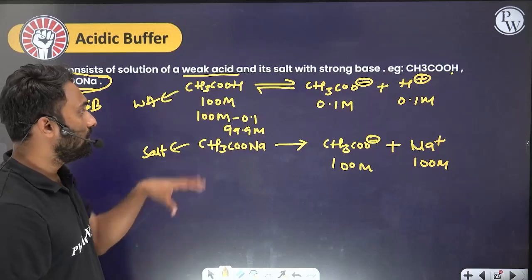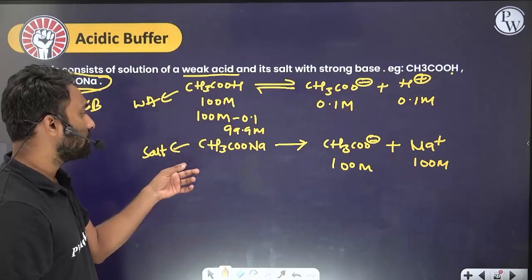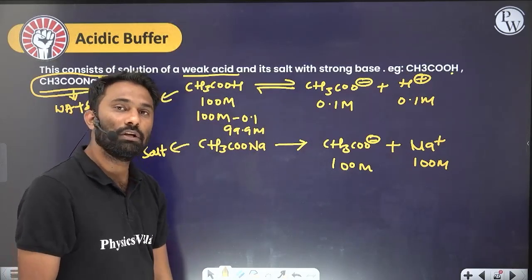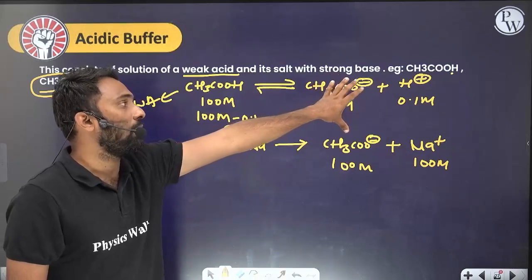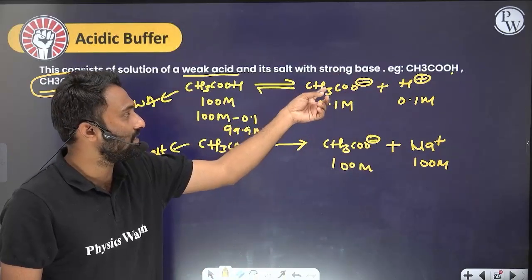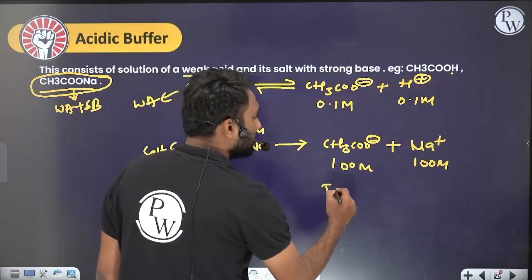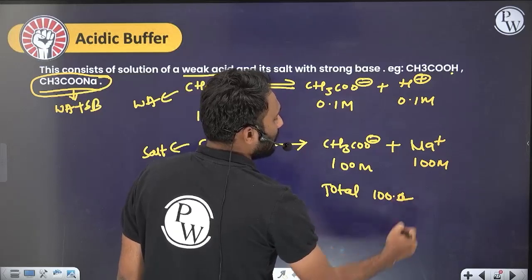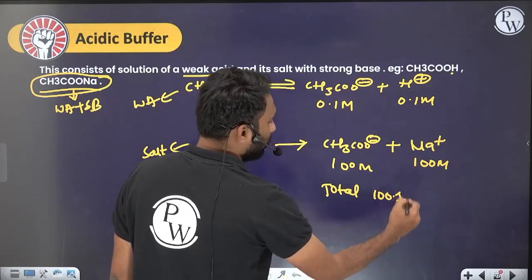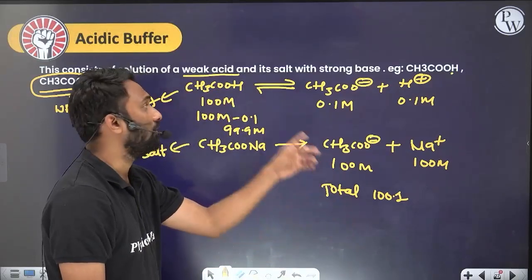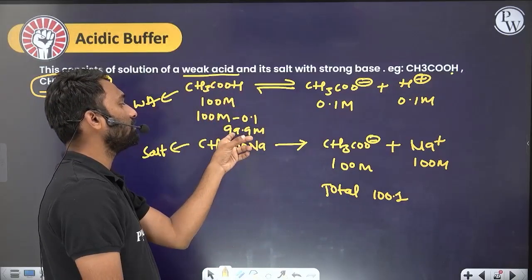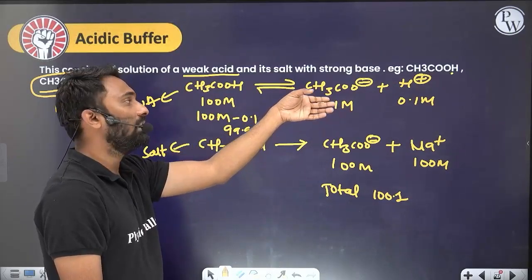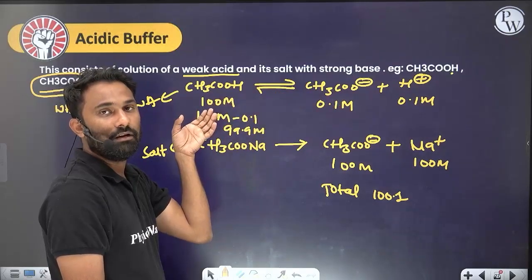Now look here, this is the weak acid and this is the salt, isn't it? Now which concentration is higher here? The salt, the acetate ion concentration is higher. Now according to Le Chatelier's principle, look here, the product side concentration is higher. Total acetate ion concentration is 100.1, isn't it? Now the reactant side acetic acid concentration is 99.9. So to maintain the equilibrium, equilibrium will shift towards the leftward or backward direction.